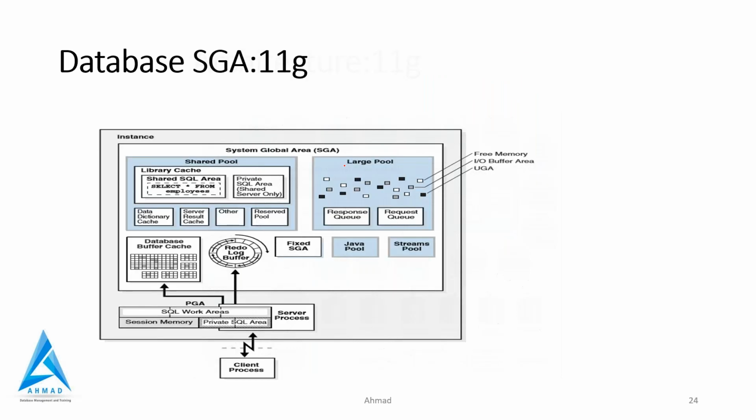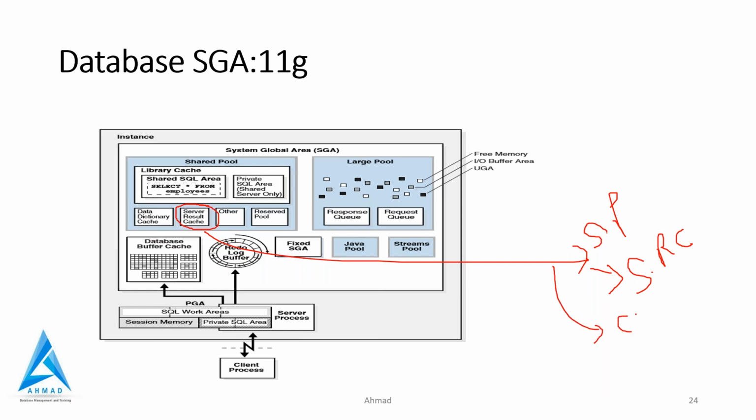If you see here, this result cache internal component is added in the shared pool, and this result cache is of two types: one is server result cache and the other is client side result cache. This internal component was added in the architecture, and this result cache basically stores the results of your query.